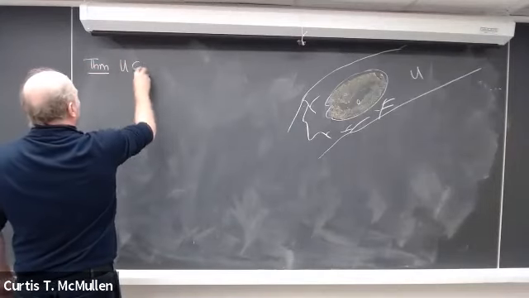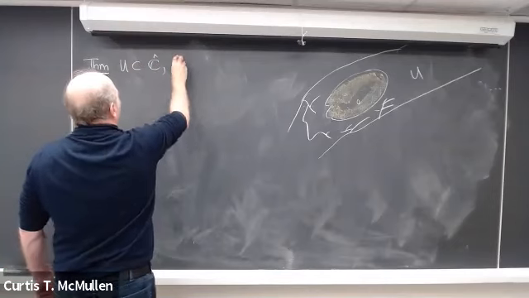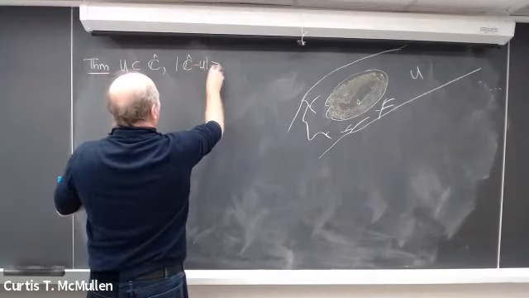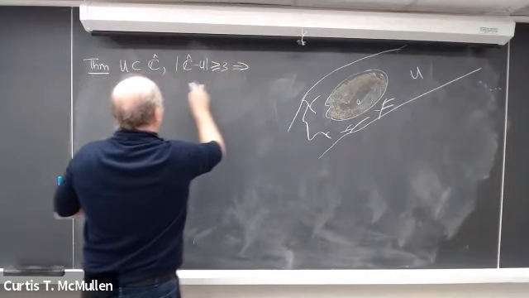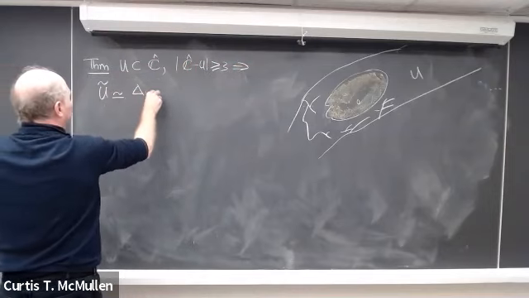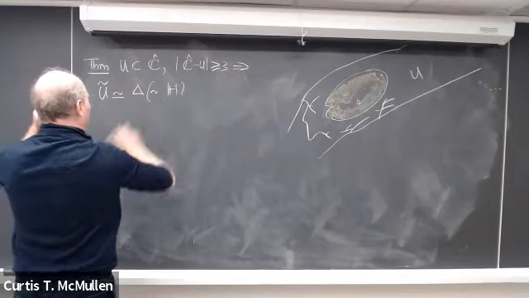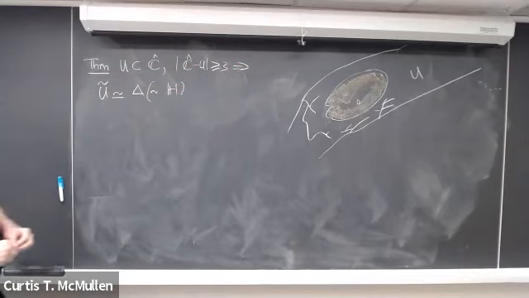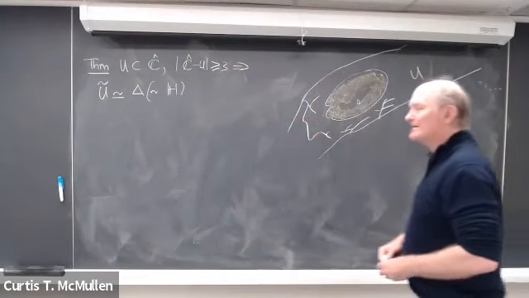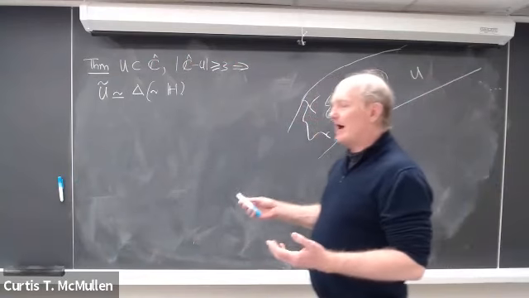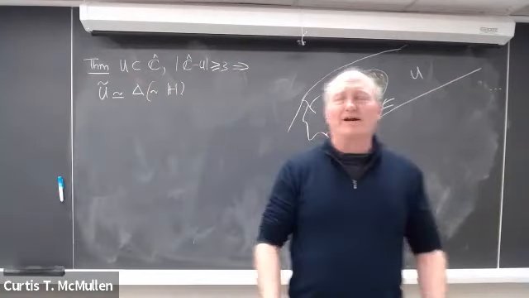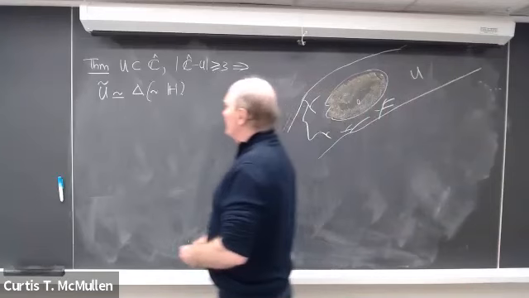If U is contained in the Riemann sphere and the cardinality of the Riemann sphere minus U is greater than or equal to 3, this implies the universal cover of U is isomorphic to the unit disk, or upper half plane if you prefer. And therefore, any region with 3 or more points in its complement has a hyperbolic metric on it, and it has a kind of Riemann mapping. The Riemann mapping is no longer an isomorphism, it's a covering map from the disk or the upper half plane to our region U.